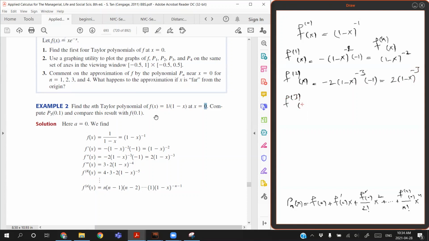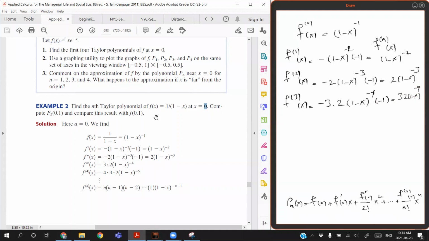The third derivative of the function at x becomes minus 3 times 2, times 1 minus x to the power of minus 4 times minus 1. So it becomes 3 times 2 times 1 minus x to the power of minus 4.